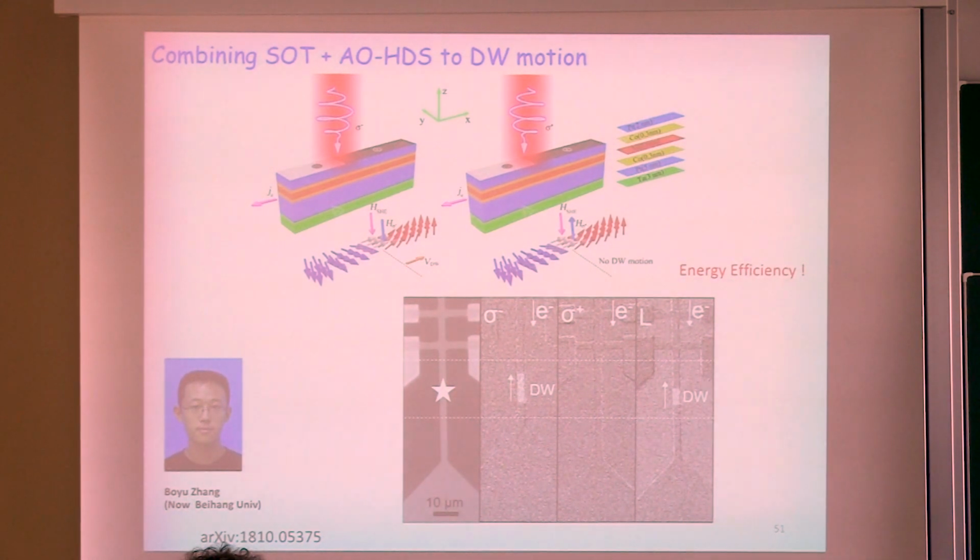And we reproduce that, and we basically now have a shot of how much current you can put, how much fluence of the laser. And our calculations tend to show that it's energy efficient. So if you combine the energy received by the photons and the energy given by the electrons, then it's more efficient to combine the two than having only spin orbit torque.